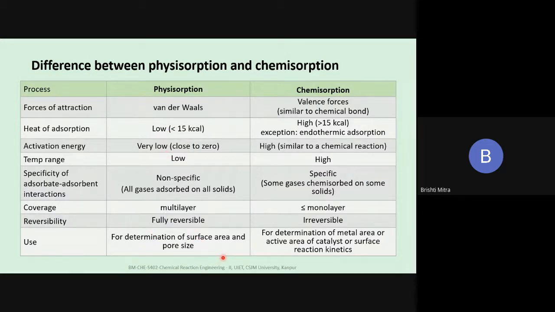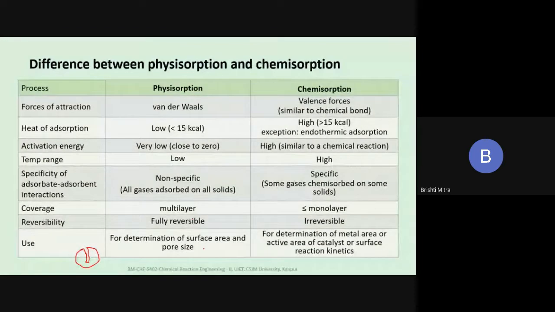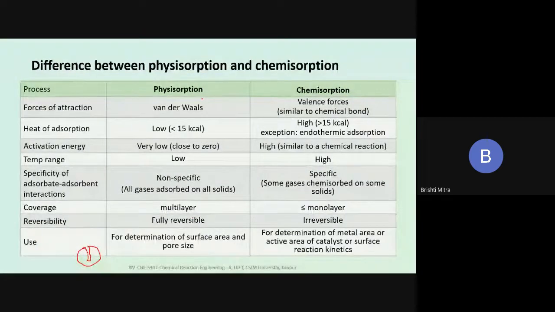And pore size means, if you remember, that porous catalysts, suppose we have a spherical catalyst pellet, have pores like this inside, and these pores have a radius which is known as the pore size. The pore size is the radius of the pores inside, and that is also measured by using the physisorption process.